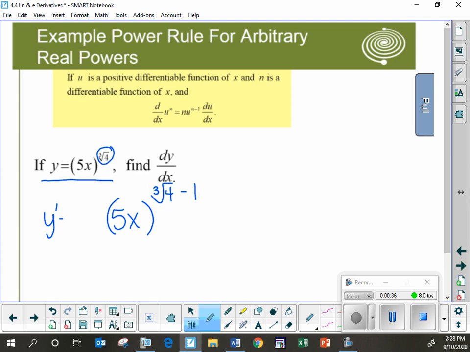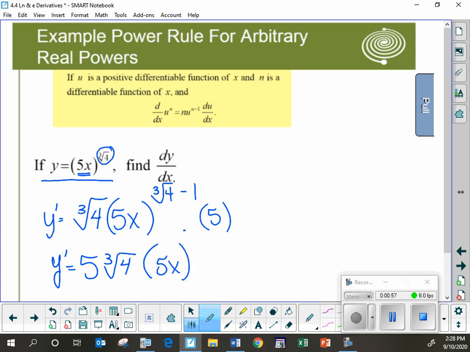Y prime equals cube root of 4 times 5x raised to the cube root of 4 minus 1. Chain rule, derivative of the inside would give me a 5. So I could organize this as y prime equals 5 cube root of 4 times 5x raised to the cube root of 4 minus 1. Not a pretty derivative, but we'll take it.